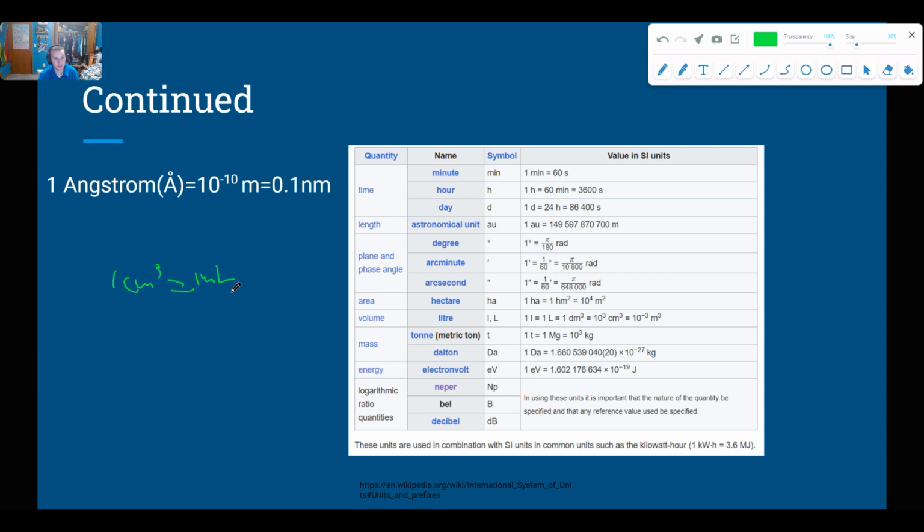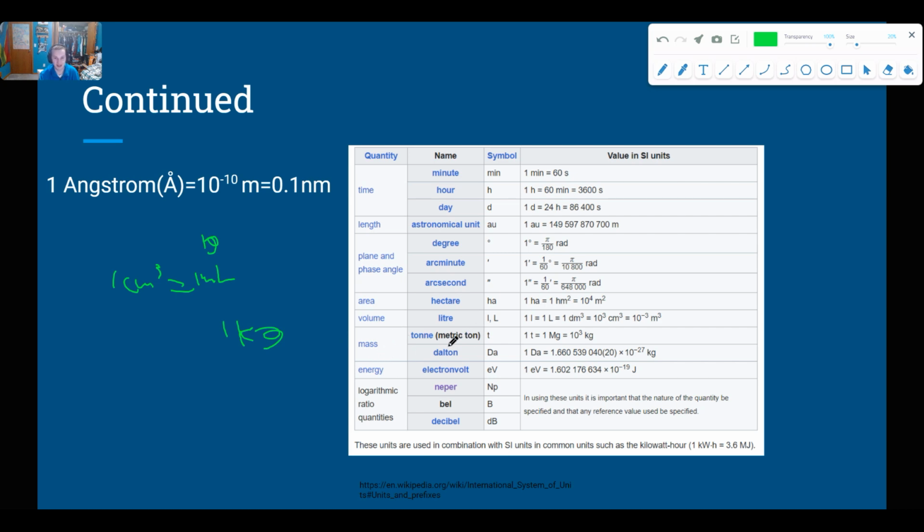So that's super useful. And since the density of water is about 1 gram per centimeter cubed, that means that 1 milliliter of water is about 1 gram. Which means that 1 liter of water is about 1 kilogram. That's the whole reason why this unit exists. If it wasn't for that relation, I don't think the liter would exist.